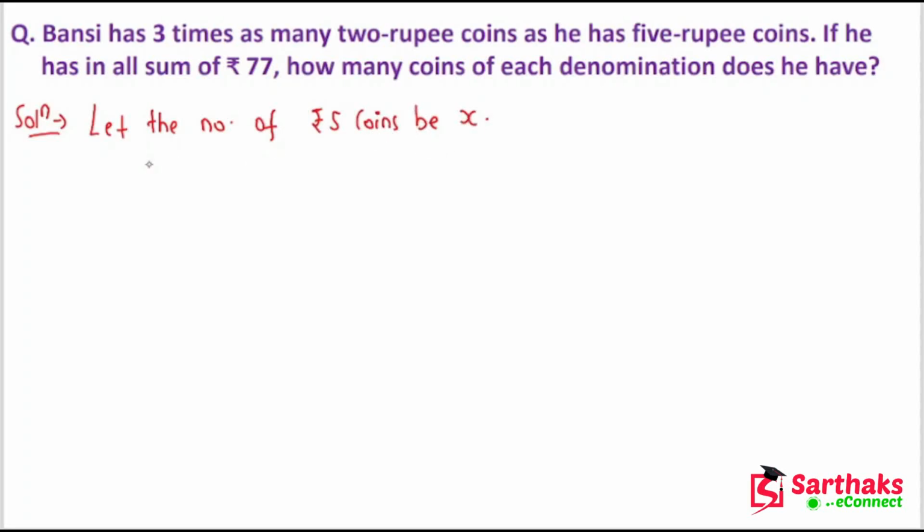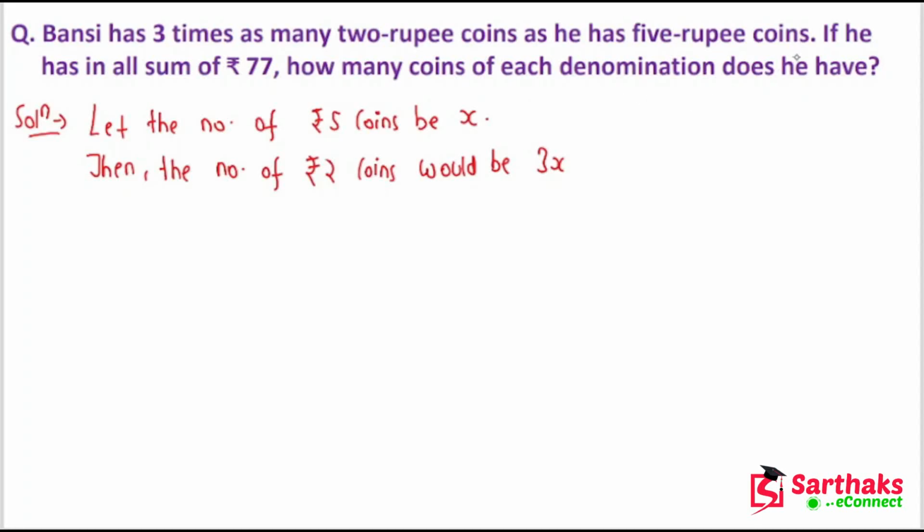So you have x 5 rupee coins, then according to the question, the number of 2 rupee coins would be 3x. So you have x 5 rupee coins, then you have 3x 2 rupee coins, right? Now this is the formulation of the first line of the question.